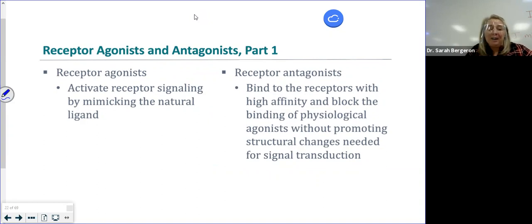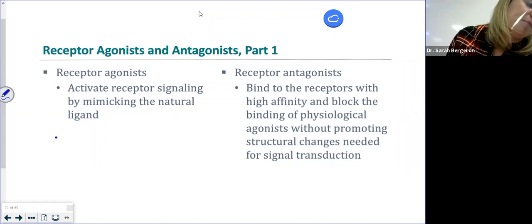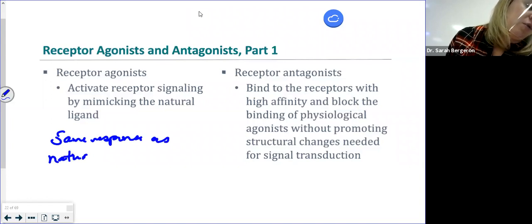A receptor agonist is going to bind to that same receptor, and it's going to mimic the natural response. It's so close in structure that we're going to have the same response as the natural ligand.